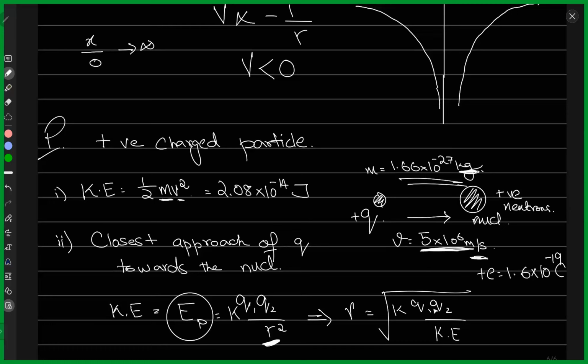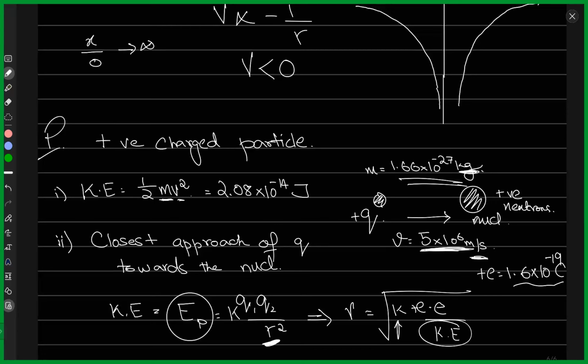So you just take this. In place of Q1, I'll put plus e. And in place of Q2 also we'll have plus e. So e times e, so you'll square this. And here we have the kinetic energy, and K is just a constant. And then doing the math is relatively simple, right?